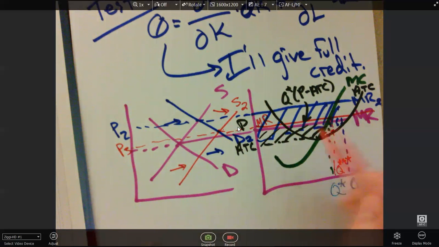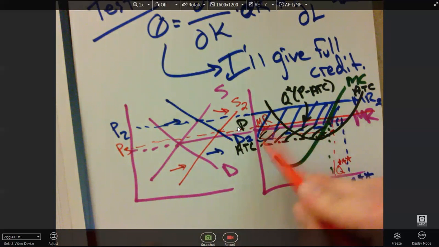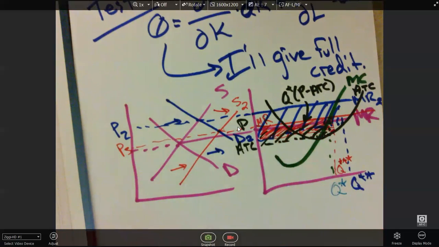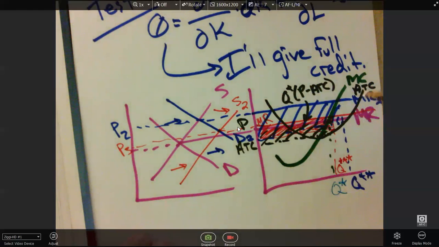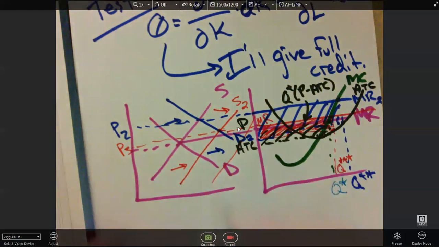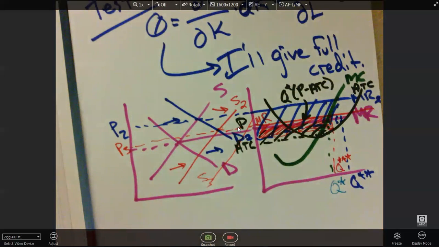There are still abnormally high profits, right? And so more producers want to enter the market until we get to some point over here. We're at an equilibrium amount.